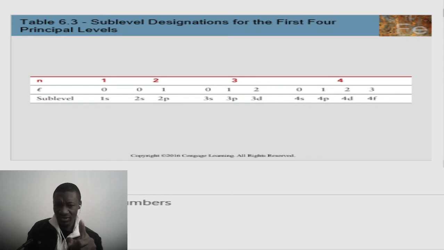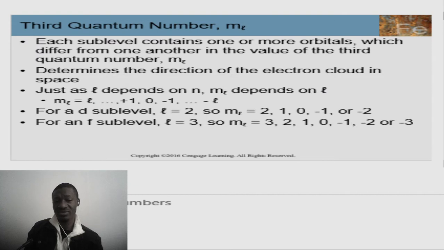If you look very closely, you see that the S is indicative of 0, because where N is 1, 1 minus 1 is 0, which is the S. For 2, 2 minus 1 is 1, which is the P. For 3, 3 minus 1 is 2, which is the D. And for 4, 4 minus 1 is 3, and that is indicative of the sublevel denoted F. I hope that makes sense. It's going to make sense as we go further.